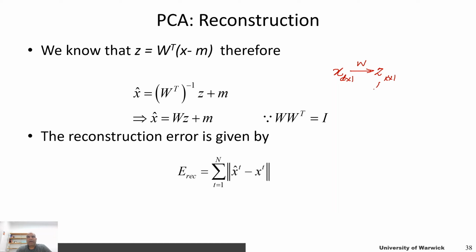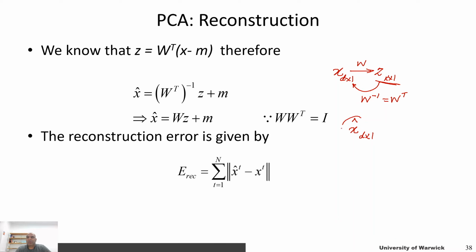Then I can go back by inverting this transform, and multiplying this Z with W inverse. And the good thing, as I've shown you earlier, is that W inverse is actually equal to W transpose. So what that means is that I'll be able to approximately reconstruct a d-dimensional data point corresponding to a given point after PCA projection. And this is how you can do that.